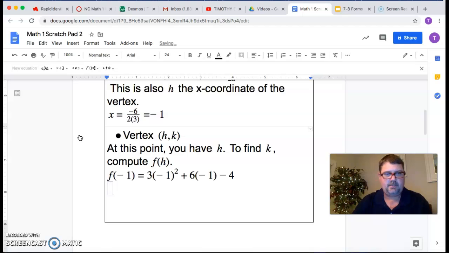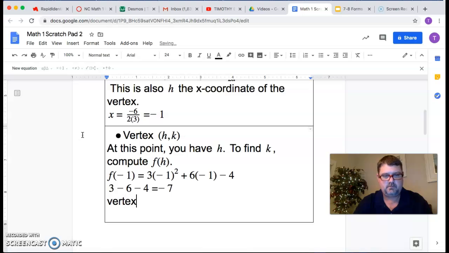We square that negative 1, that becomes a positive. So we get 3 minus 6 minus 4, which is negative 7. Now we've found the vertex: the ordered pair (negative 1, negative 7). Remember, the vertex is a location. It's an ordered pair.